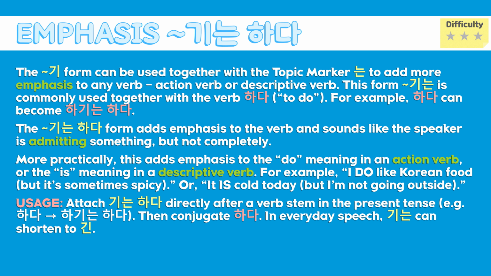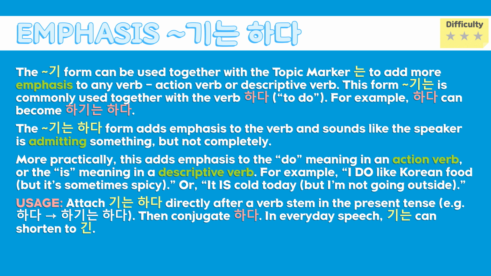The ki form can be used together with the topic marker nun to add more emphasis to any verb, action verb or descriptive verb. This form, ki nun, is commonly used together with the verb 하다, meaning to do. For example, 하다 can become 하기는 하다.